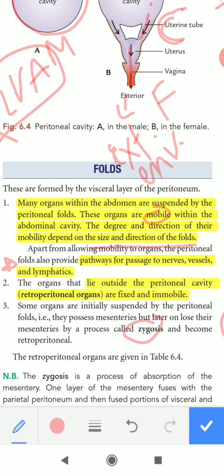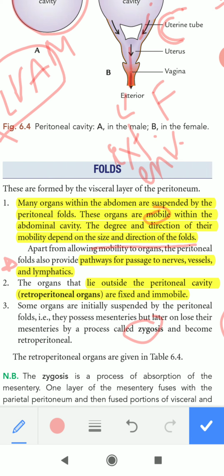That means some abdominal organs are mobile because they are suspended by some peritoneal folds, and the mobility of the abdominal organ depends on the size and direction of the folds.